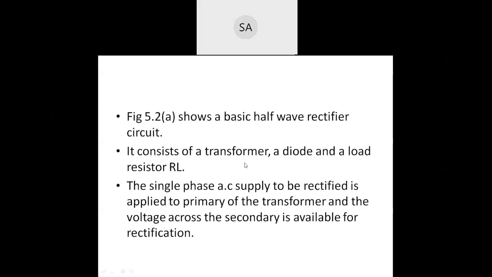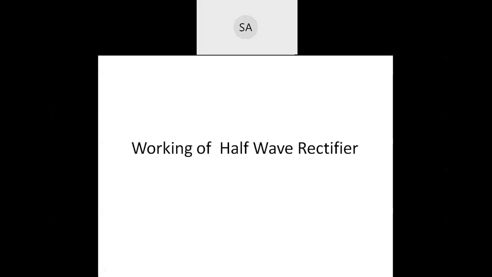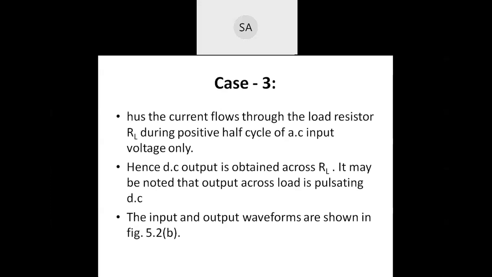So there is no path for the current to flow, so the current cannot flow in the load resistance. This makes the diode D reverse biased and it acts as an open circuit. No current flows through the load resistor RL.